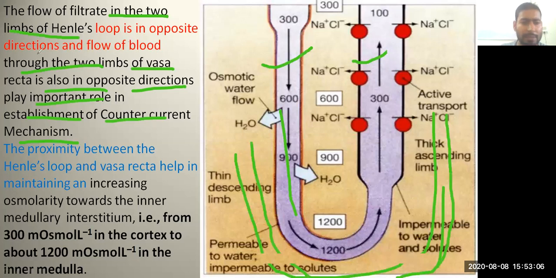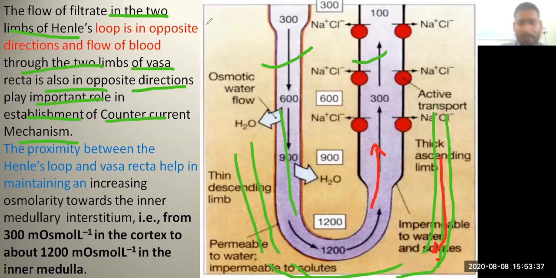I'm going to change the color so you can easily understand. This is the movement of filtrate in this direction, and in the Vasa recta the movement is in this direction. So they establish the counter current mechanism by which concentrated urine will form.